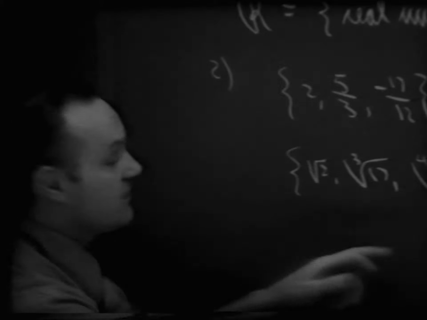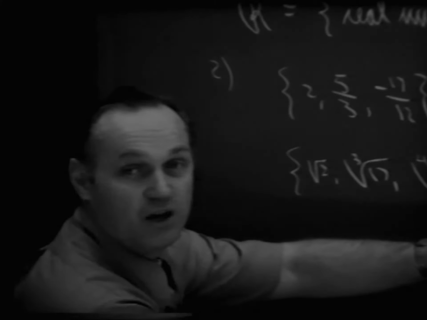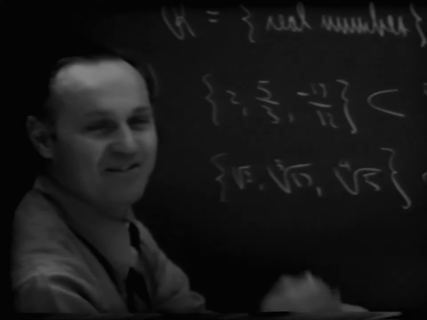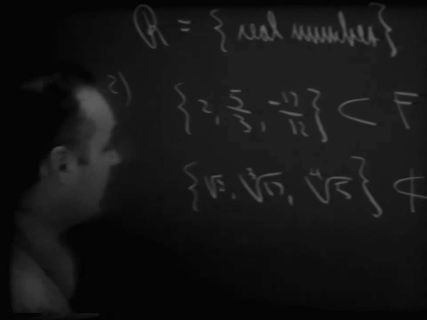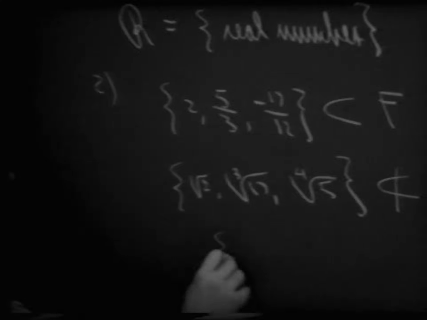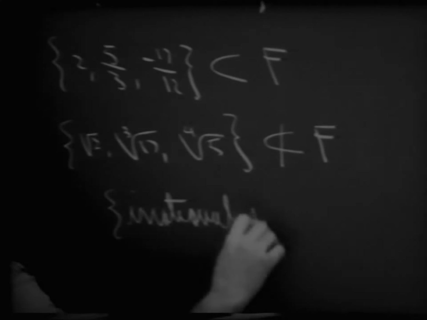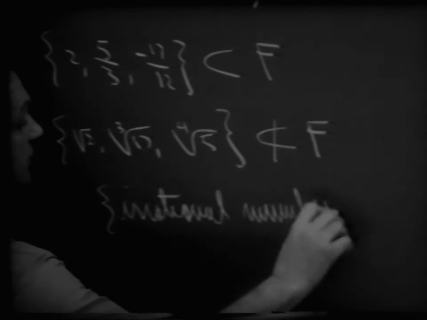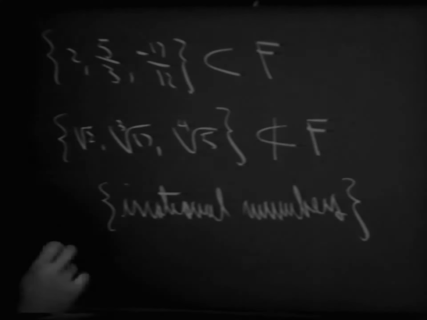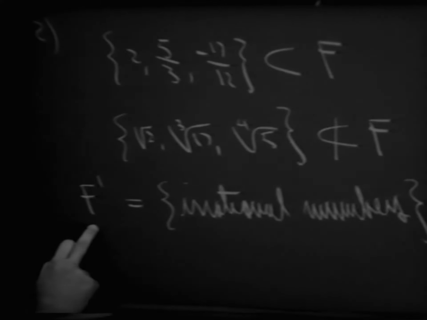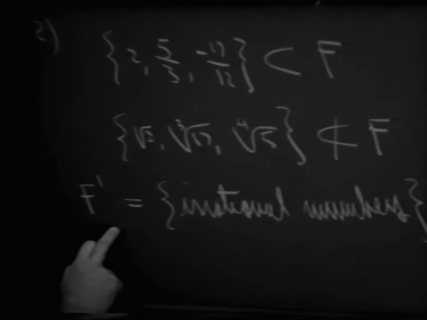But the question is, is there some other kind of set of numbers which is not rational but still real? What name have we given that set, Doug? Irrational. That's what we would call a set of irrational numbers. Let me indicate that by writing out that phrase, the irrational numbers. If we call the set of rational numbers F, let's use the notation not F to indicate the set of irrational numbers, all right?